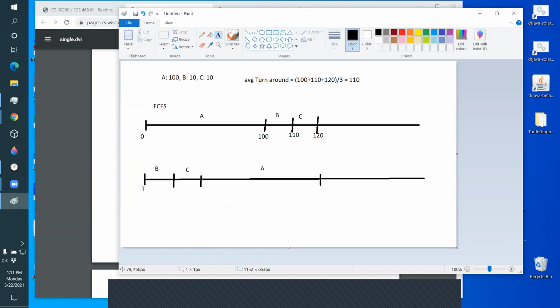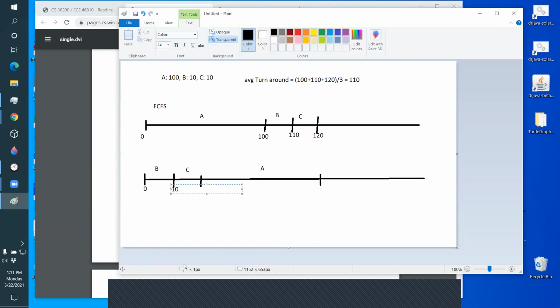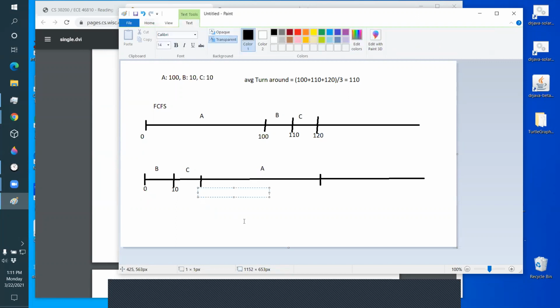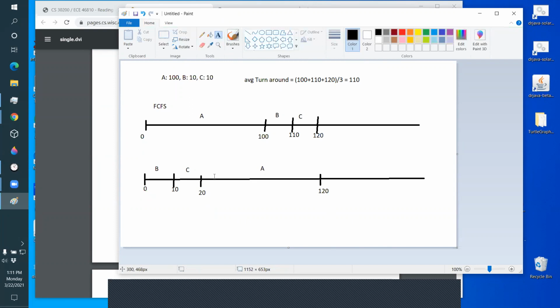Start at time 0. This will be time 10. This will be time 20. And then over here at 120 is when we're done. Now let's compute the average turnaround time.